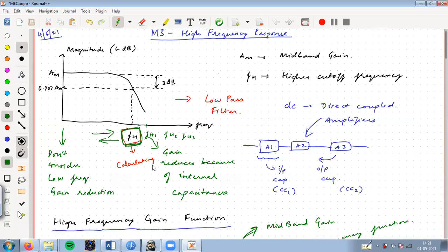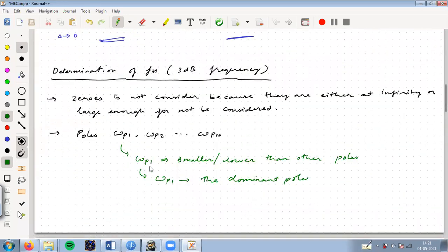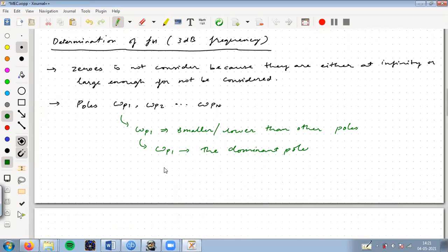Then in that case, if omega p1 is the lowest frequency among all the other poles, omega p2, omega p3, and so on, I will consider omega p1 as my dominant pole, and omega h will be close to omega p1.